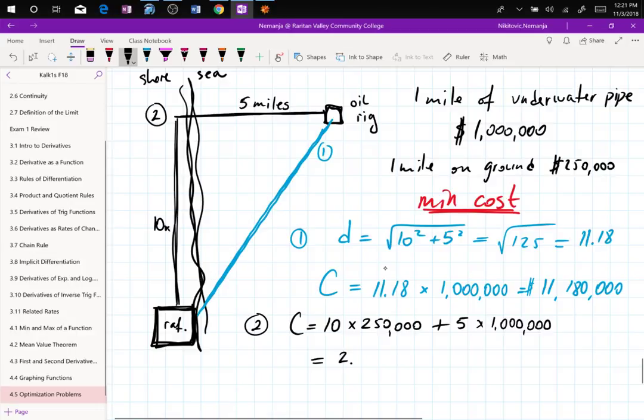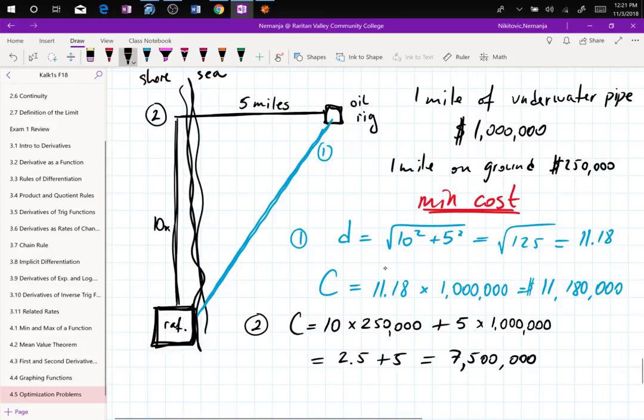We have 2.5 million plus 5 million for 7.5 million. Well, let's just write it in millions. So there we go. That's a $4 million savings, to put it that way. Great. Well, you're saving $4 million, why not?